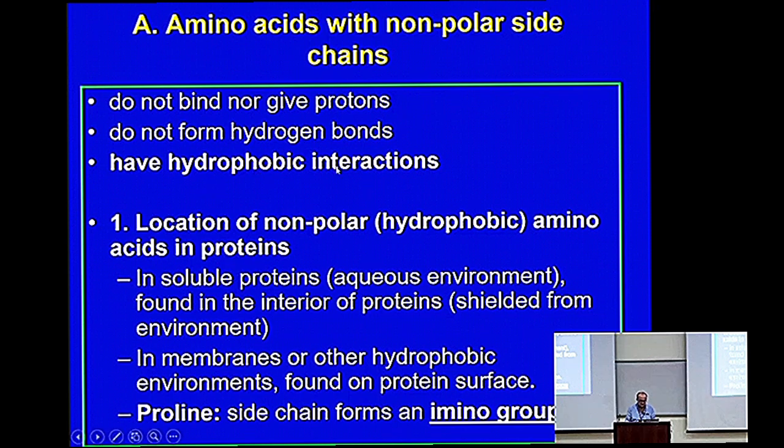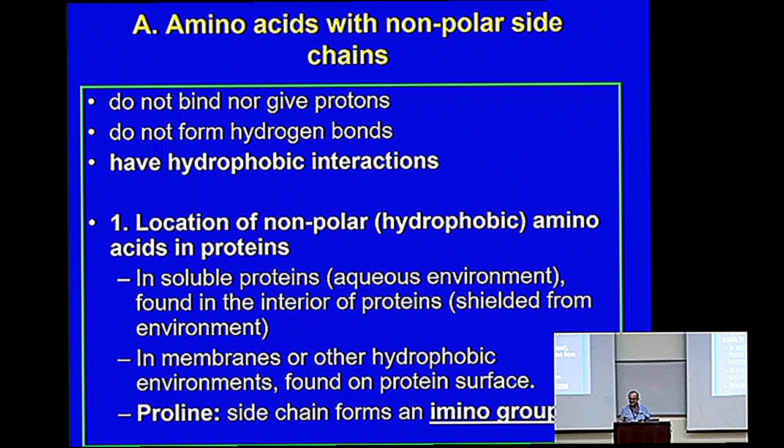That's what's called hydrophobic interaction. A methyl group, say, interacting with an isopropyl group, or a methyl interacting with a methyl group, and so on. So you want to think of these amino acids. I'm going to say 95% of amino acids in the body are part of proteins.